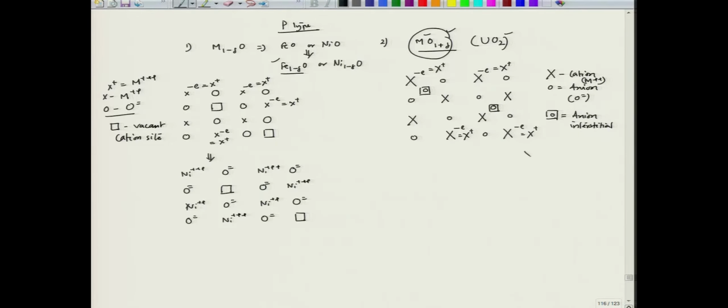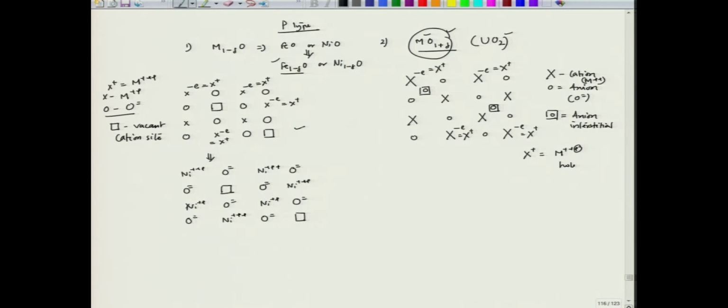So, this X plus is nothing but M plus plus plus. This is basically what we call a hole, fine. Now you see, in both the cases, the charge is transferred via positive hole, and diffusion would be different here.